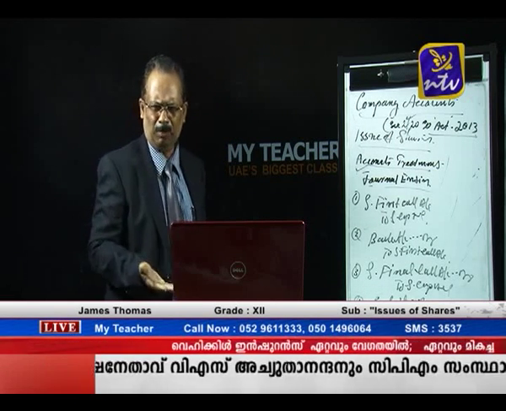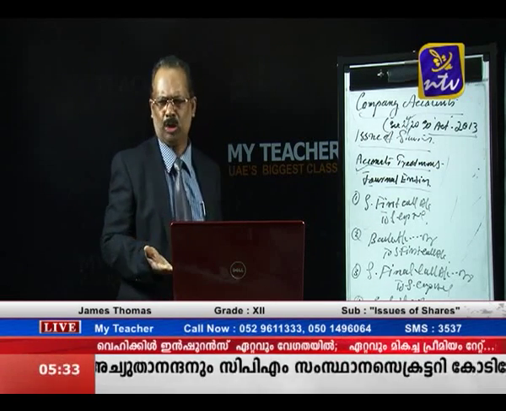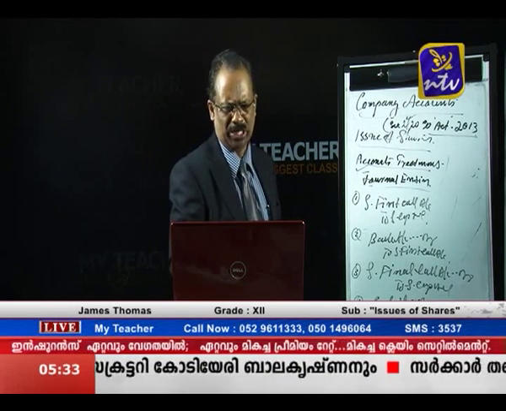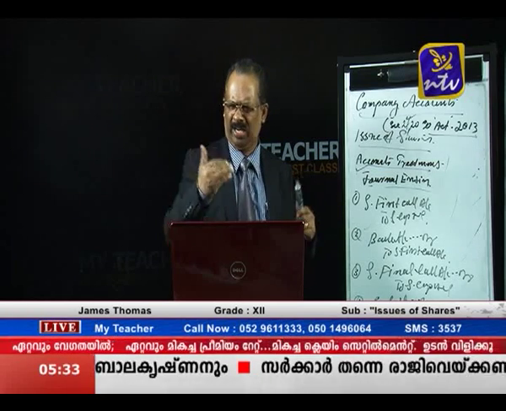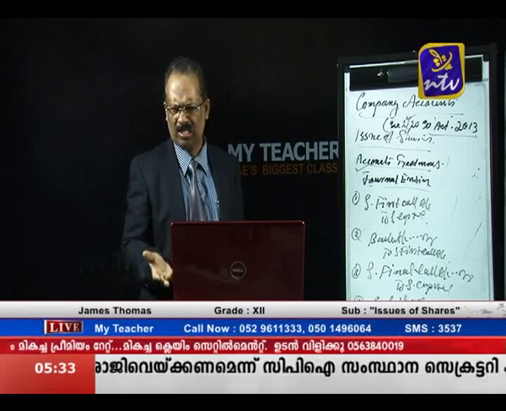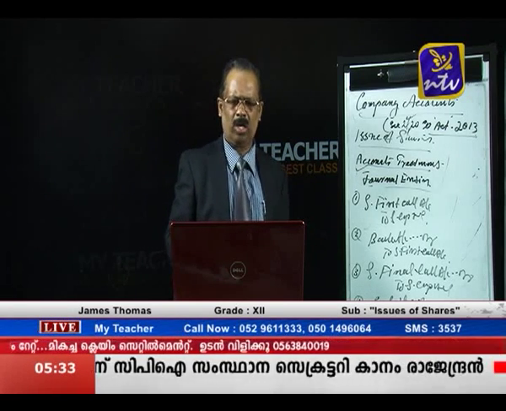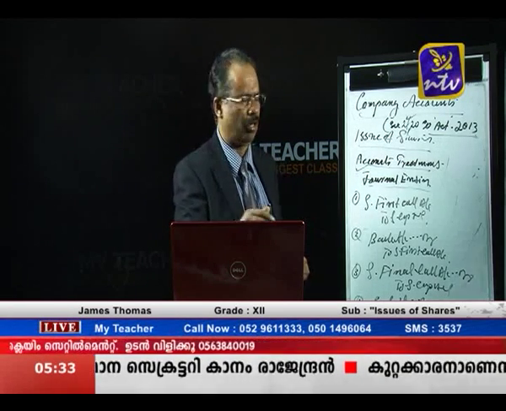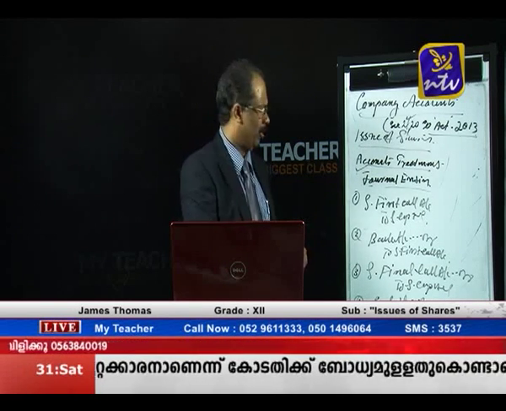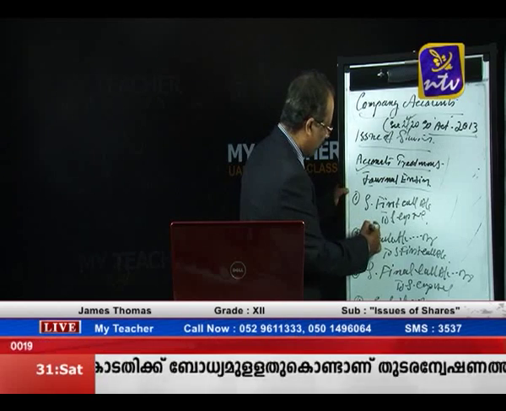Now next is allotment. On making an allotment, or allotment money is due, your entry is share allotment account debtor to share capital, then allotment money received, bank account debtor to share allotment account. Then next, on making a first call, your journal entry is share first call account debtor to share capital. On receiving a first call, our journal entry is bank account debtor to share first call account.